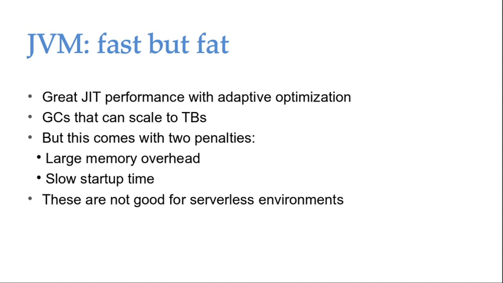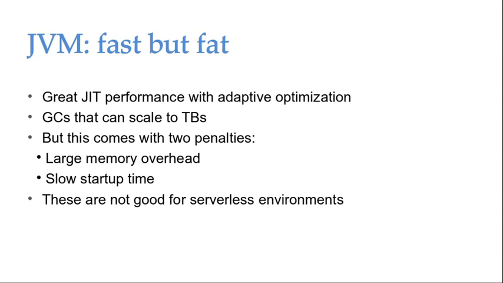It has garbage collectors that can scale to terabytes, so it can handle large volumes of data, but it has 2 big penalties. It has large memory overhead and a slow startup time because it needs to compile the classes. So from cold start to high performance, there can be a considerable amount of time.